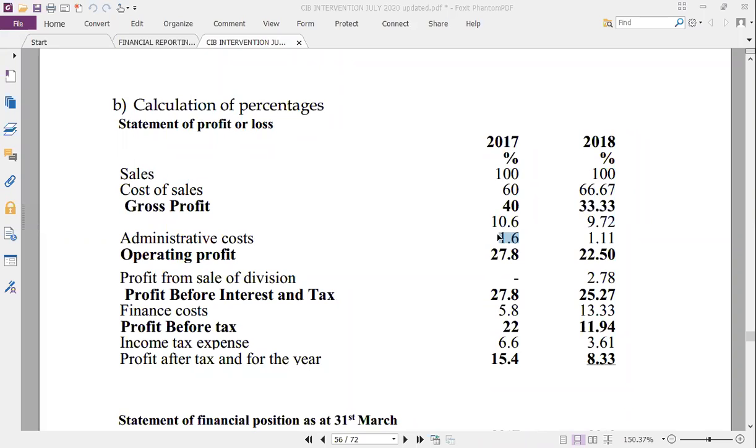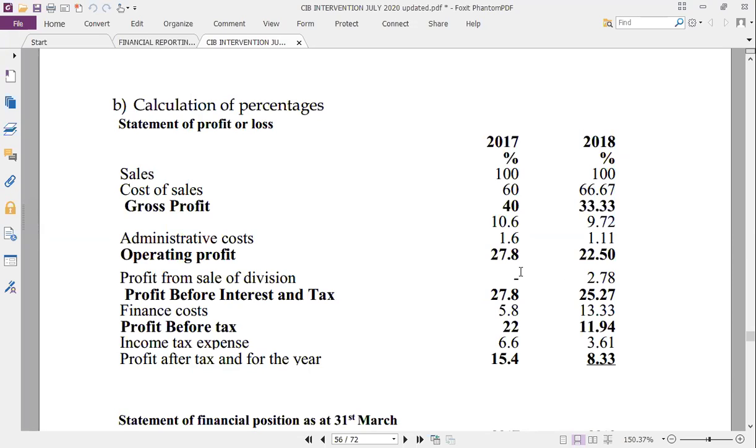Even though the operating expenses to sales ratio decreased over the period, the operating profit margin recorded a deterioration or decrease. Full stop. We are done.